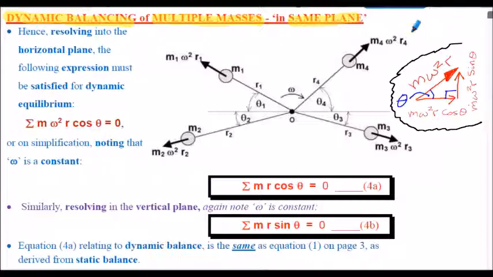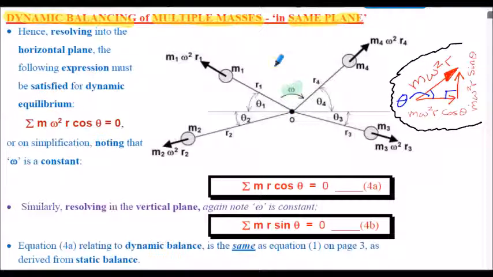The difference here is that this system is now being rotated with an angular velocity, I've called it omega here, in the clockwise direction. And as the system's rotating, we now have centrifugal forces pulling outwards at each of the mass locations. As the lines of action of the respective centrifugal forces all act through the same point, labelled O here, we only need to consider a force balance and not a moment balance in this situation.